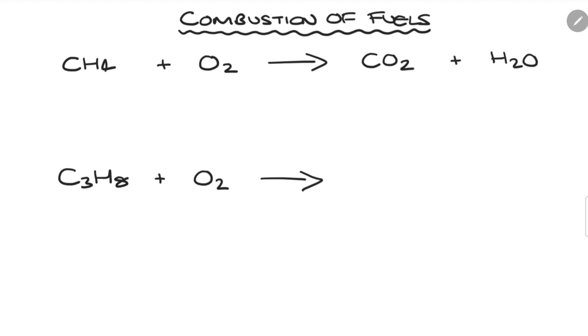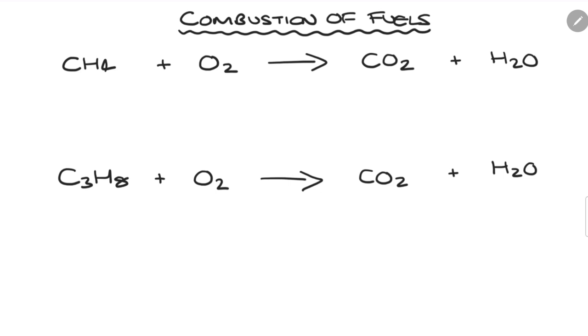Because we have a hydrocarbon, a compound made only of hydrogen and carbon atoms, we are only going to produce carbon dioxide and water in these examples. Both of them will produce the same components.